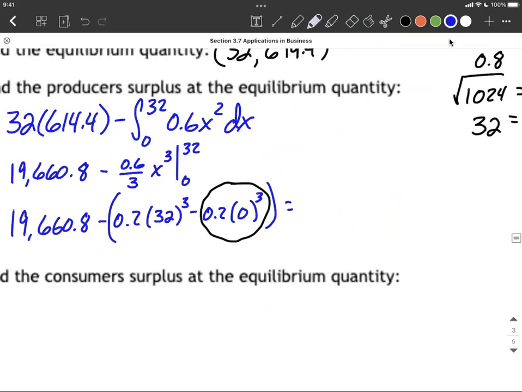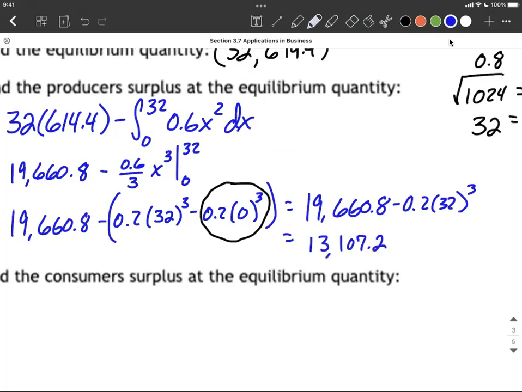So we'll have 19,660.8 minus 0.2 times 32 cubed. I just put this all into my calculator at once and ended up with 13,107.2, and that would be in dollars for the producer surplus.